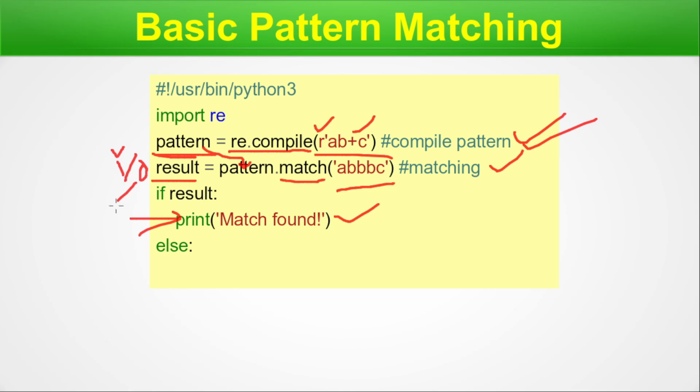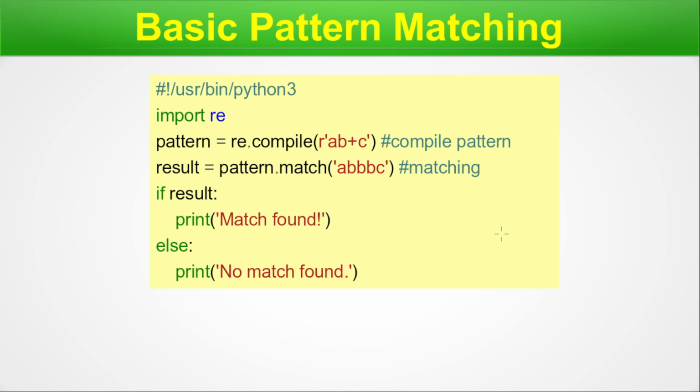Else, that means when it is 0, it will go here, right? This one, the no match found. This is a very simple code and we write our regular expression here. This one is our regular expression and this is our target string. So we can have this string somewhere else in another variable and we can pass that variable here also.